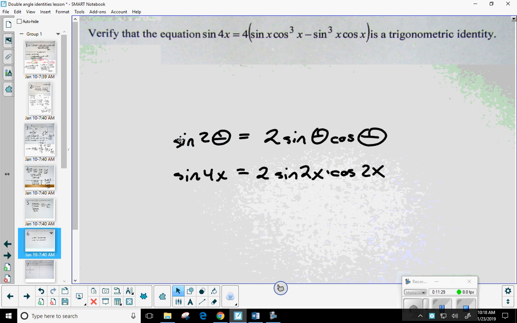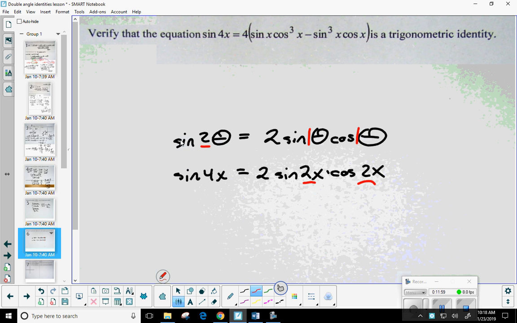Do you notice what happened? What's the pattern that remained consistent when I use the identity? There you go. The coefficient of theta is half what you originally started with. So here you had sine of 4x, so we had 2x.